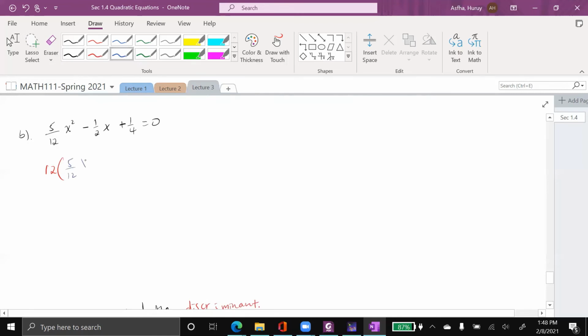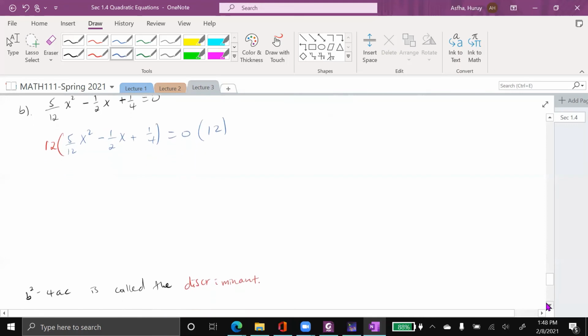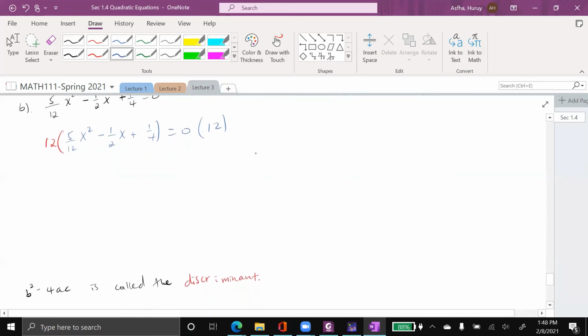5 over 12 x squared minus 1 over 2 x plus 1 over 4 equals 0. And of course, we multiply the right side by 12 as well. In this case it's 0, so it doesn't make any difference, but in general it's a good idea to have that, to understand what we are doing.